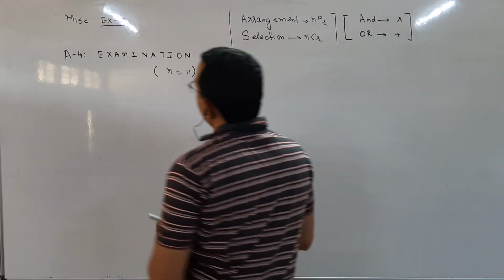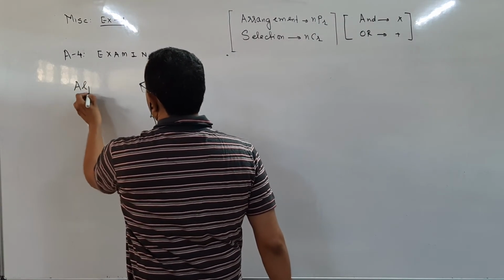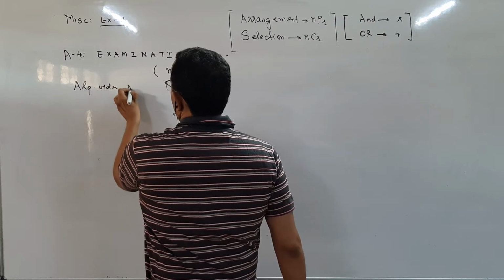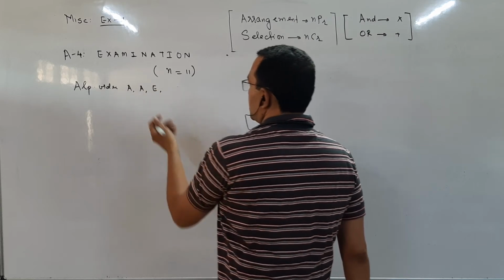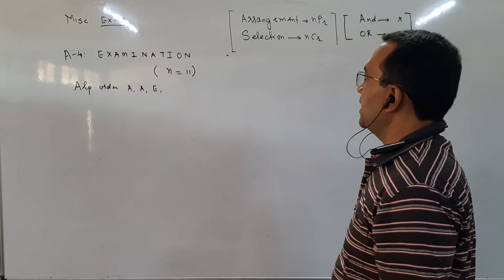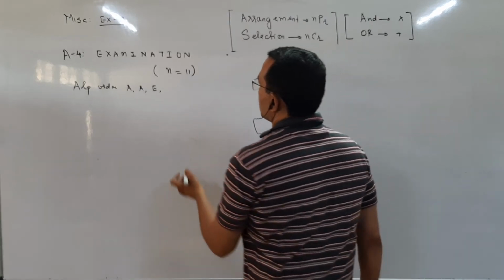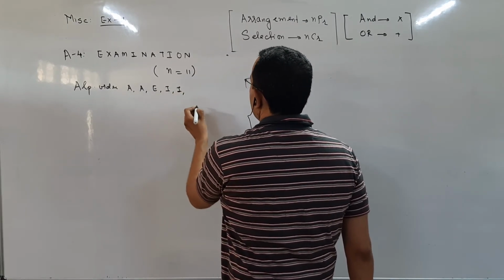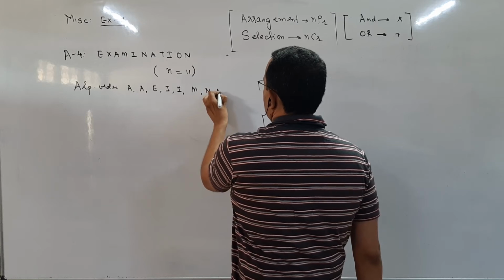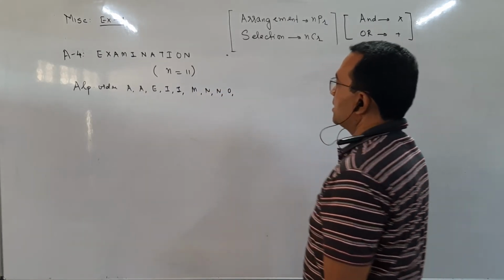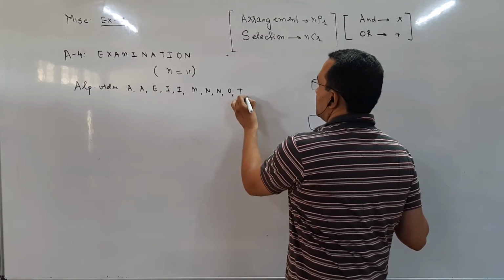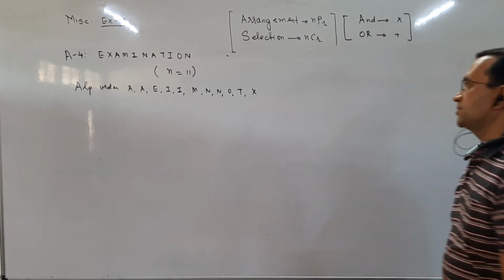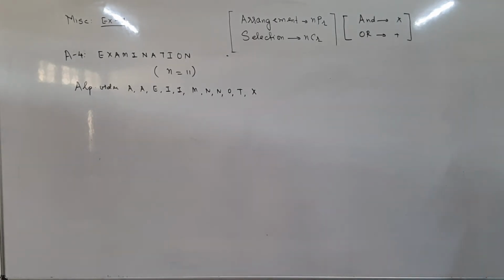Now, if I write the alphabetical order of letters, then first we will have A, then A again, then E, because we don't have B, C, D, E, F, G, H, I, J, K, L, M, N, O, P, Q, R, S, T, U, V, W, X, Y, Z. So 1, 2, 3, 4, 5, 6, 7, 8, 9, 10, 11.